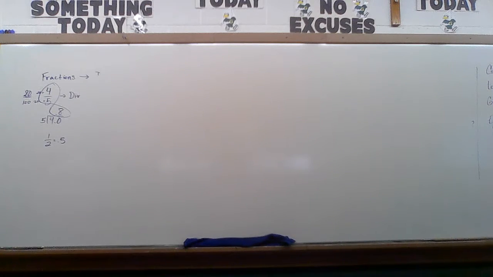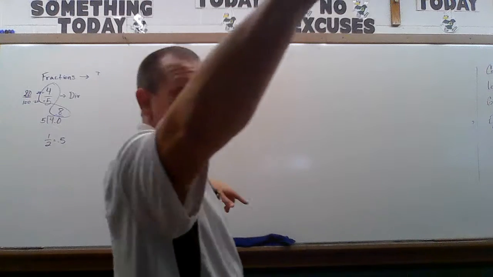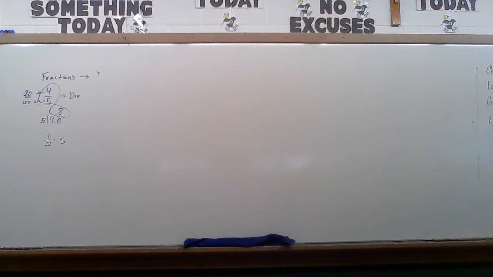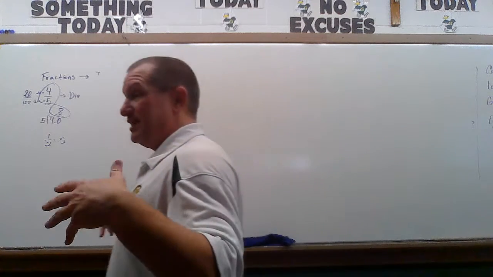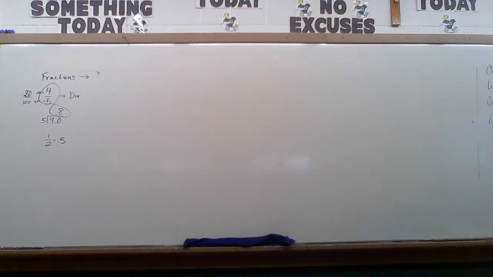The denominator times the whole number plus the numerator. The bottom times the big number plus the top, and then always put it over the original denominator, okay? And then we can do the division there. Again, we like improper fractions from here on out. Those are good for us, okay?